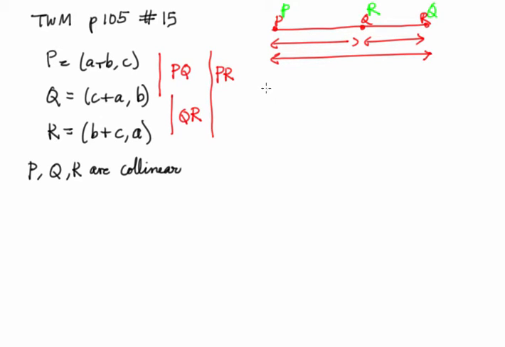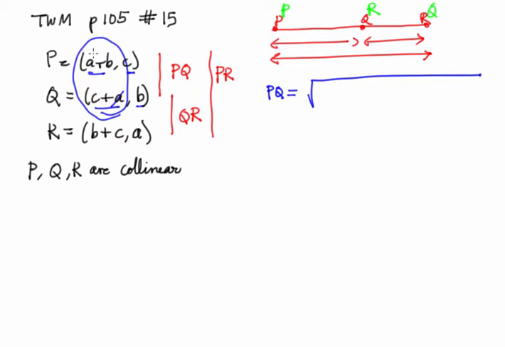So let's see. PQ, what is that? Well, to compute PQ, you take the square root of the sum of the squares of the differences of the y coordinates and then the x coordinates. When you take the y coordinates, if I subtract a plus b from c plus a, the a and the a will cancel, so I will get c minus b the whole squared.